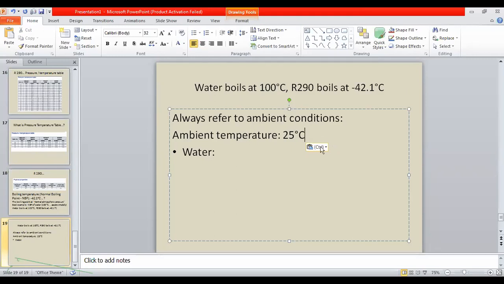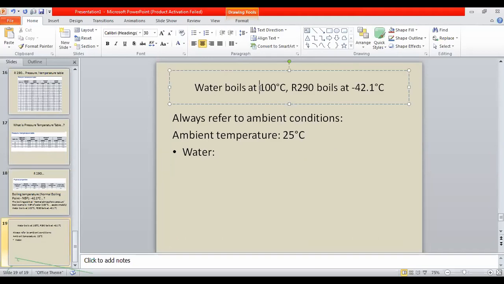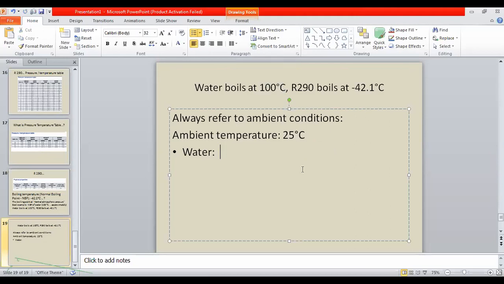So water boils at 100 degrees Celsius. This is the normal boiling point, which is more than this T ambient. T ambient means ambient temperature, 25 degrees.